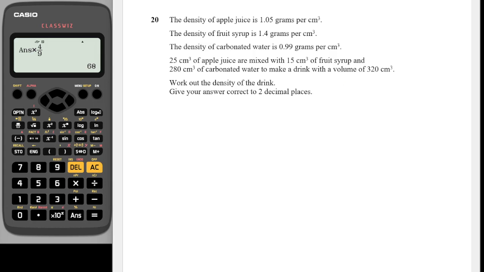Okay, so I'm going to go apple juice, fruit juice, carbonated, and then drink. So we've got density, mass, and volume. Right, and then we're going to put some of this information in. So 1.05 density of apple juice.